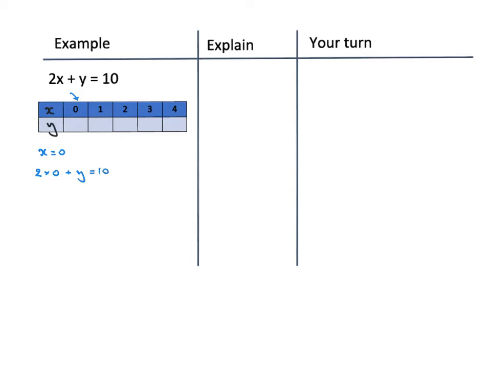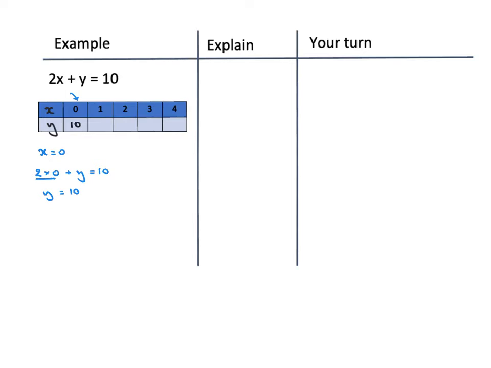So we've taken the formula at the top of the page and we've written it out again, but we've substituted in 0 in place of the x. Now 2 times 0 is 0. Add y gives us simply y on the left hand side is equal to 10. So our first value in our table is when x is 0, y is 10.